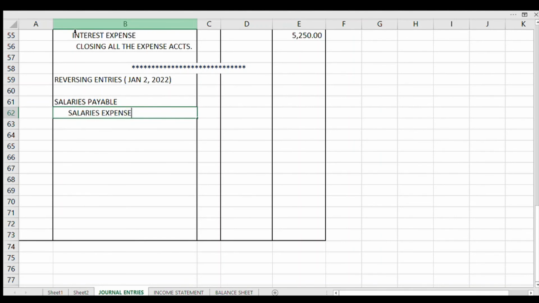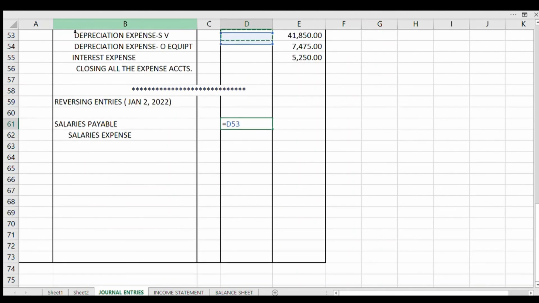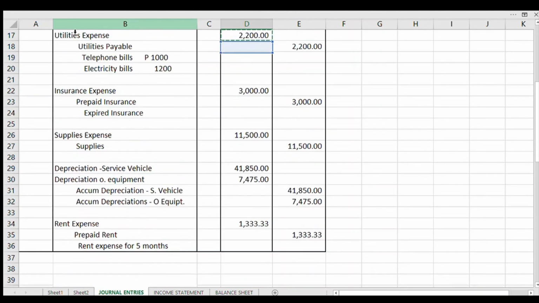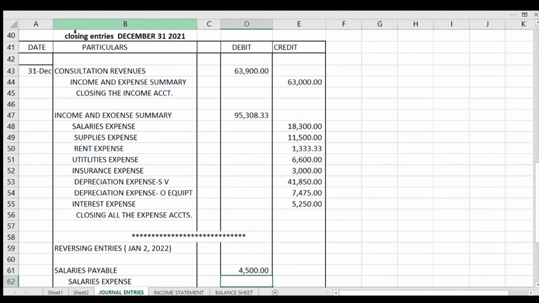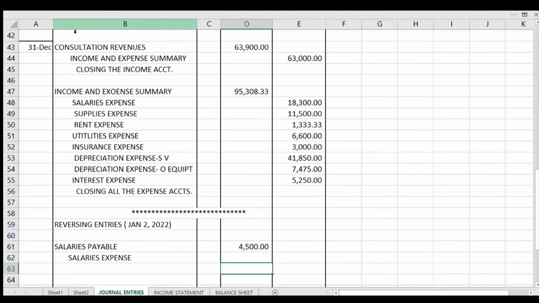So the amount, we'll just pick up from the balance. And so we will just label it again.